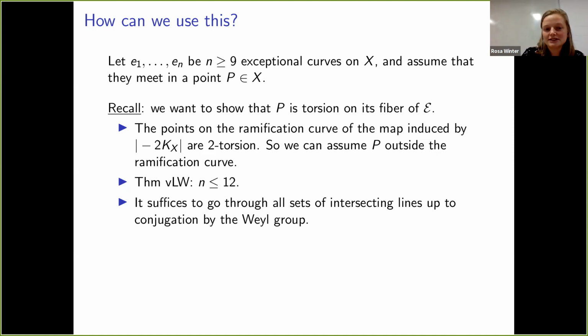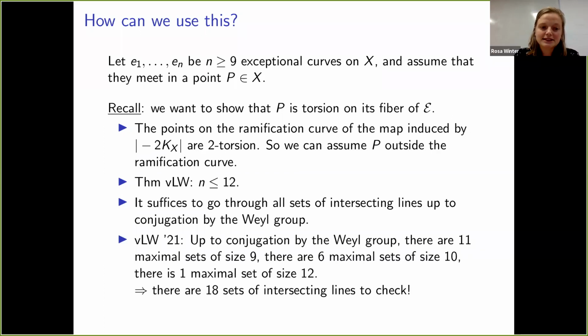So they intersect in a point if and only if the other n intersect in a point, and this point will be torsion if and only if the other point is torsion. So we can really go through all sets of intersecting lines up to conjugation by the Weyl group.